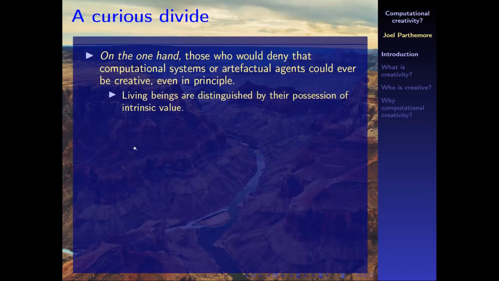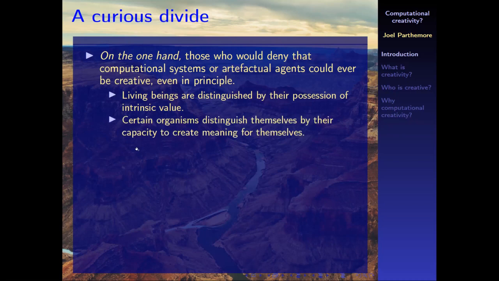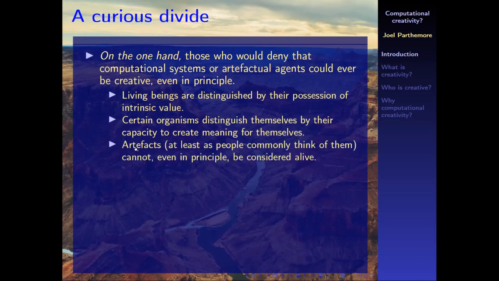So Zlatev would say that living beings are distinguished by their possession of intrinsic value. I agree. Certain organisms distinguish themselves by their capacity to create meaning for themselves. Again, I agree very much with Zlatev there. And artifacts, Zlatev would say, at least as people commonly think of them, cannot even in principle be considered alive. And that I would generally agree with him on.